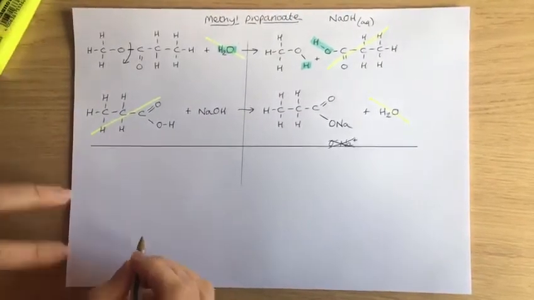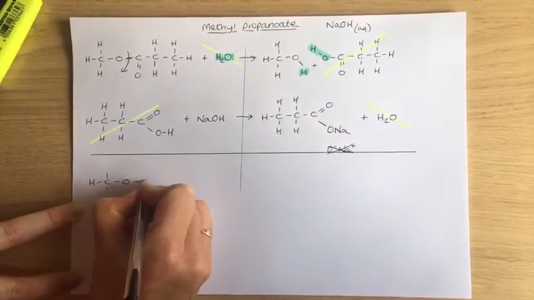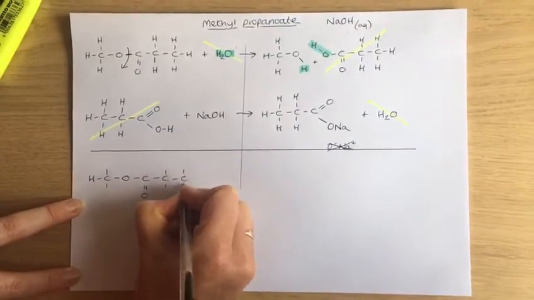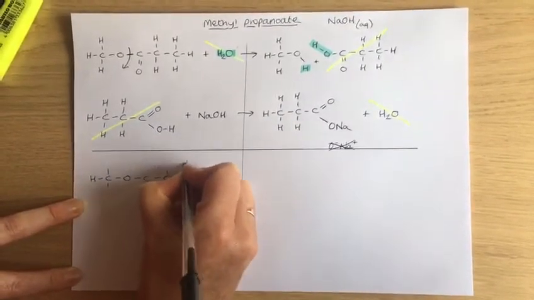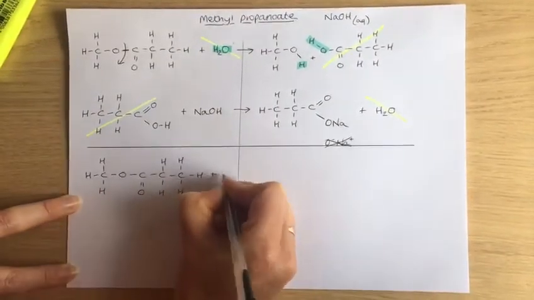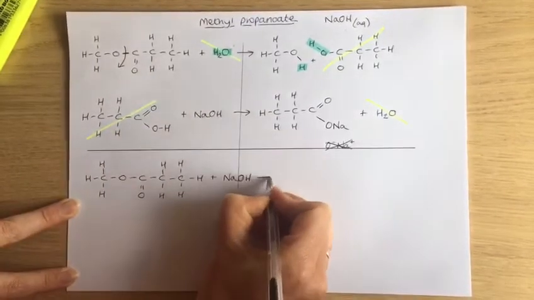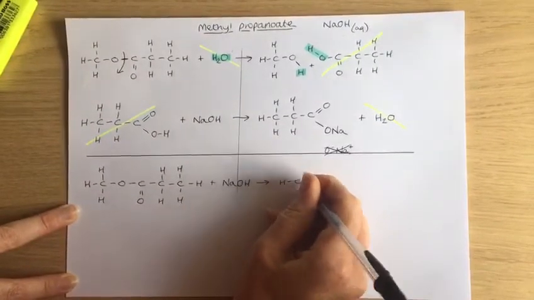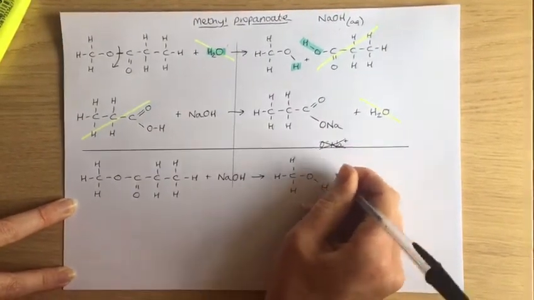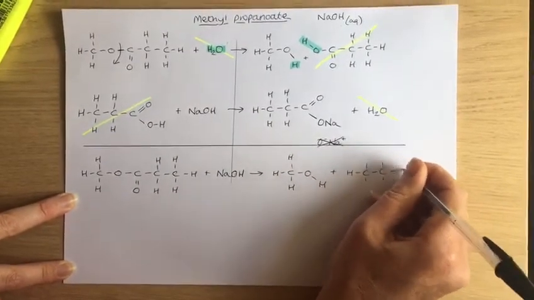So when you add these two together, what you end up with for your reaction equation is the ester reacting with the sodium hydroxide. So plus the NaOH, so this one plus this one, and your products then, we've got our alcohol, and you've got the salt of the carboxylic acid.